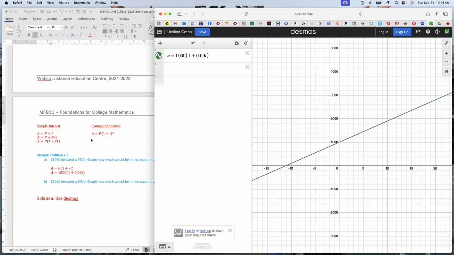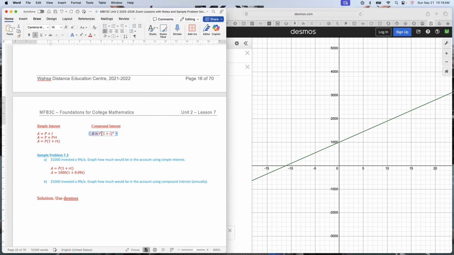If I use the compound interest formula, so this one right here, and put that on the left as well, and we'll just move it in so it lines up with the other one.